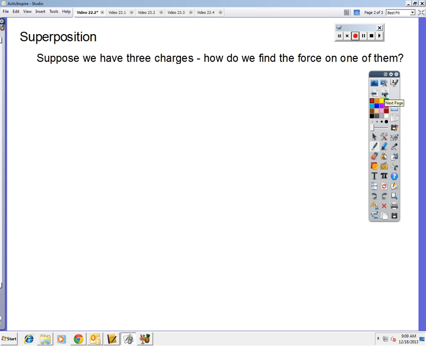Now the idea of superposition. So we've got three charges: Q1, Q2, and Q3. Let's figure for a moment that they're all positive.